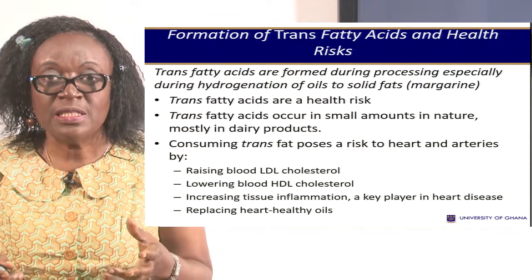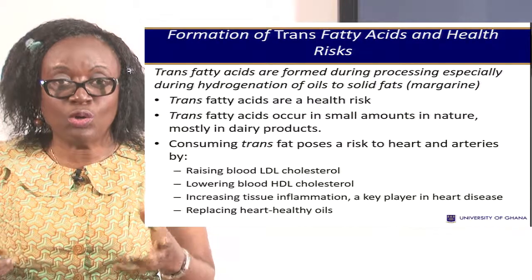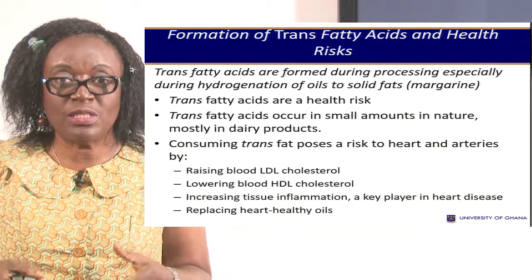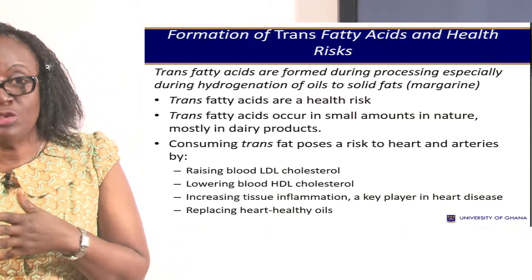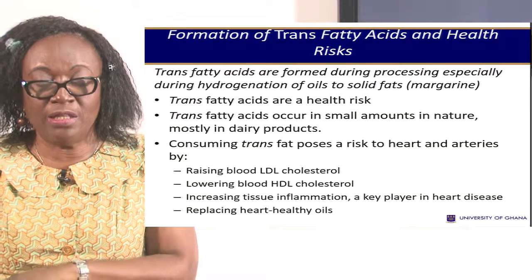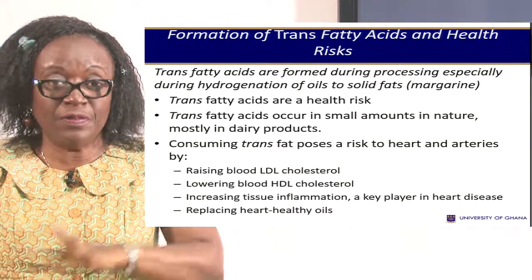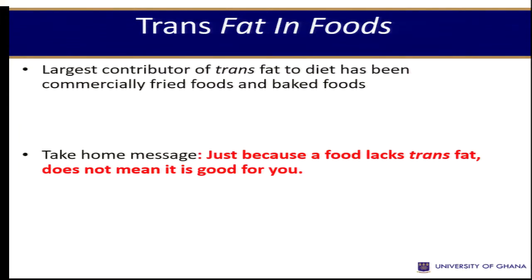So replacing those baked goods with other things that do not contain margarine as a major source is a very good thing that will help our heart and our arteries to protect us from heart diseases and then blood vessel diseases and even stroke. So it is very, very important that we go low on those baked goods.